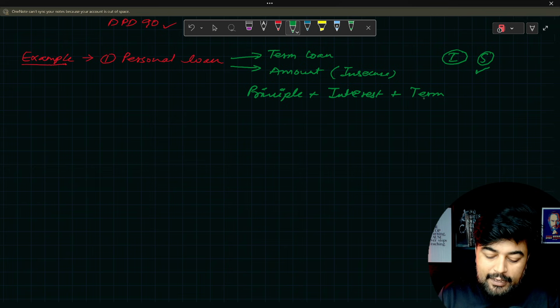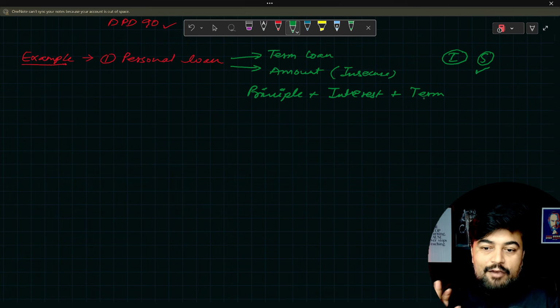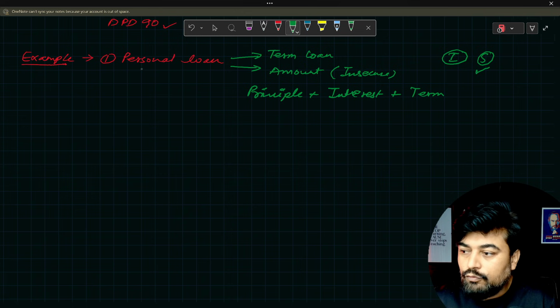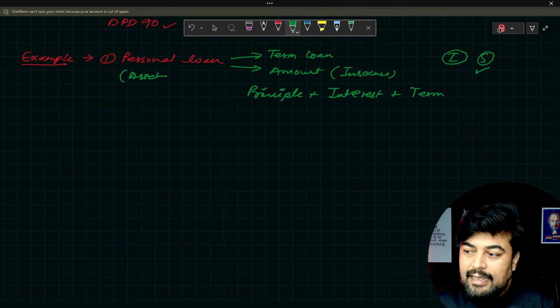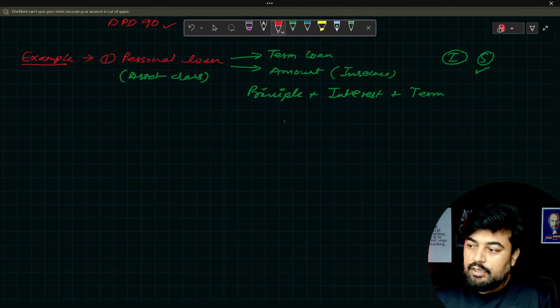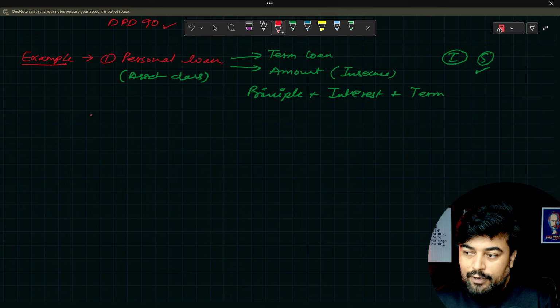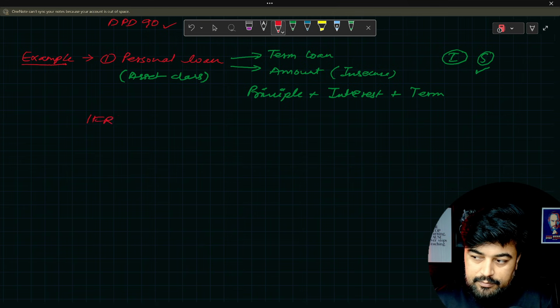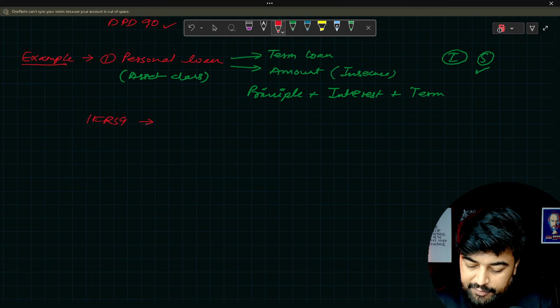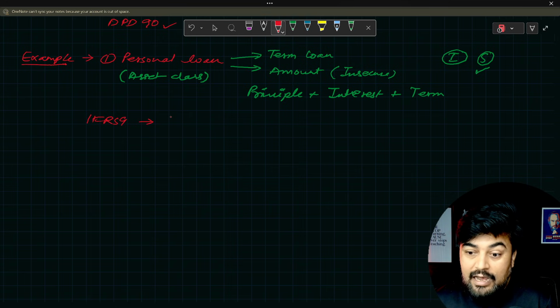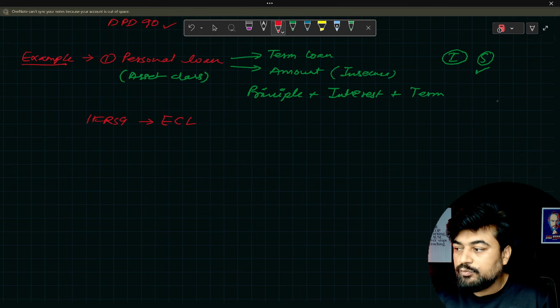Now when I am going to apply, let's say, IFRS 9 to this, what is the asset class here? The personal loan. Personal loan is known as an asset class. If I am going to apply IFRS 9 here, what will I do? IFRS 9 will ask me to calculate the expected credit loss given by this personal loan. Let's say my customer name is Rajat.